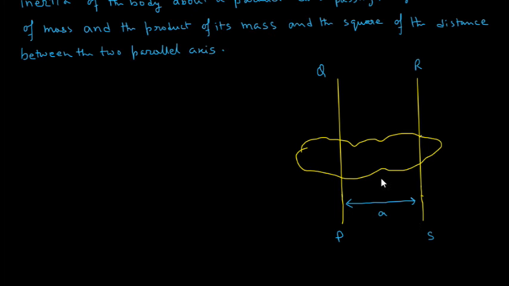Both are parallel. So say this is the center of mass, for example M1, and this is the radius R1 about a point O. Now let us prove the theorem accordingly.